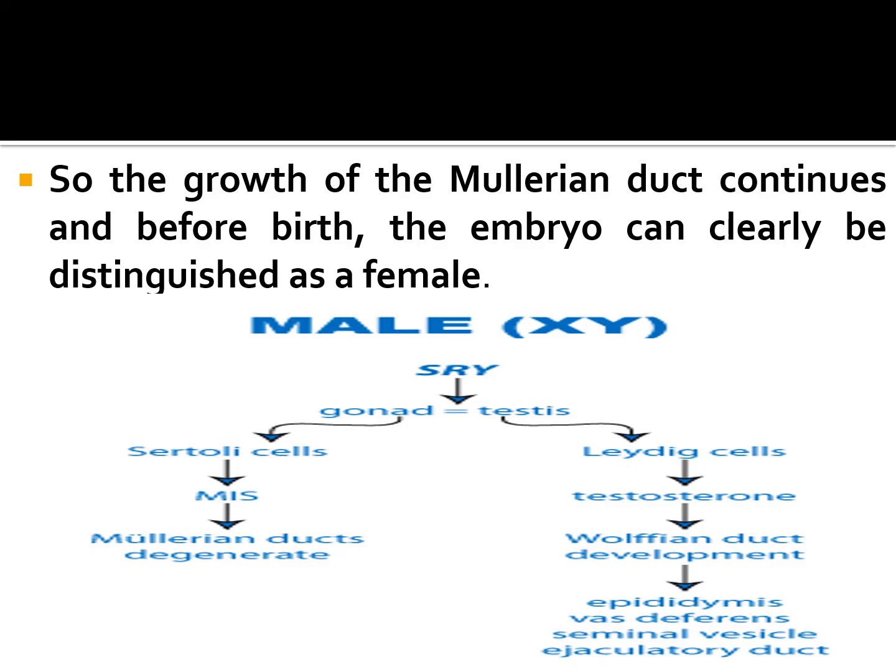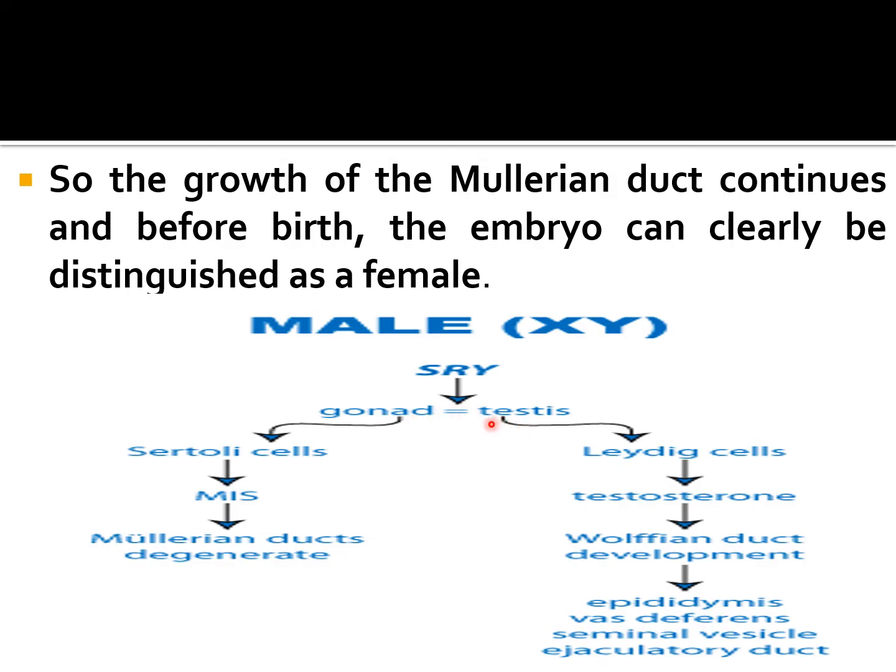So this is shown in this figure here. If we have a male having X and Y chromosomes, there is a particular gene that we'll be looking at later. So the embryo can become a male, and the gonads will produce testes, but in the absence of the Wolffian duct developing, then the Mullerian duct will develop.